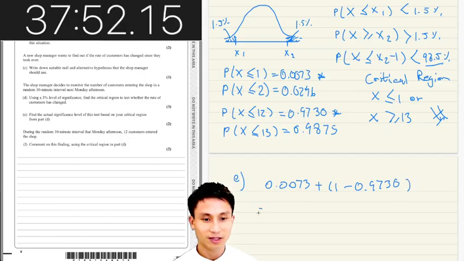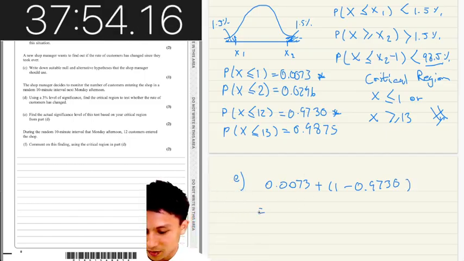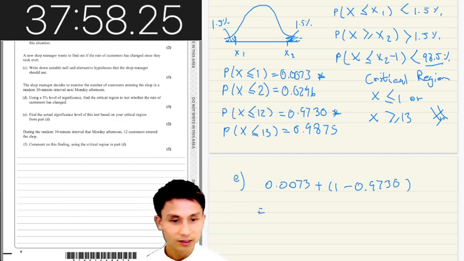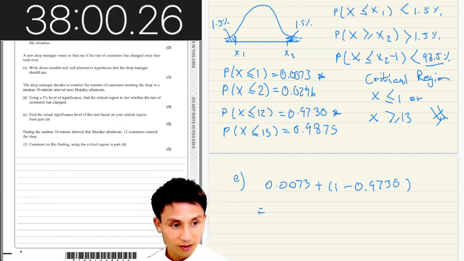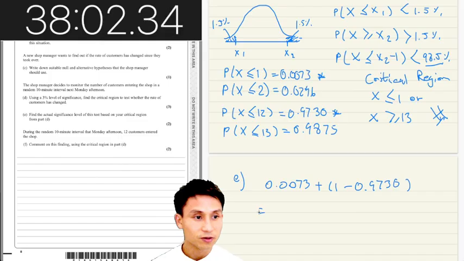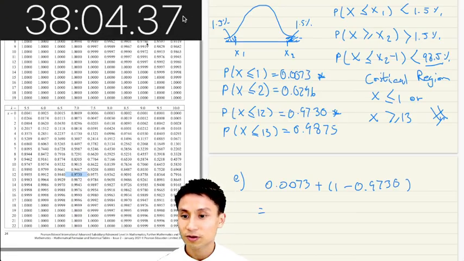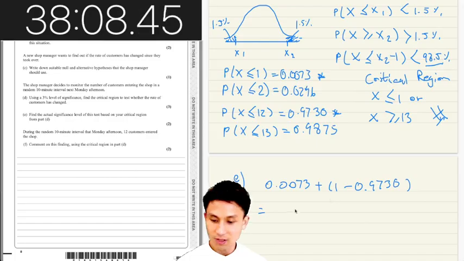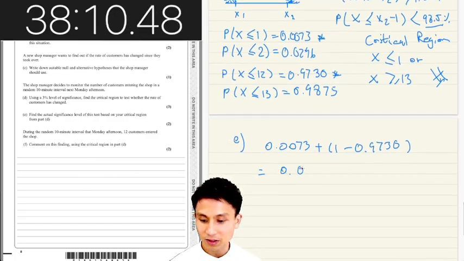Okay, and on the calculator, 0.0073 plus 1 minus in the brackets there, 0.79730. Is it 0? Yeah, it is 30 there. Just being careful there. So that is the actual significance level.